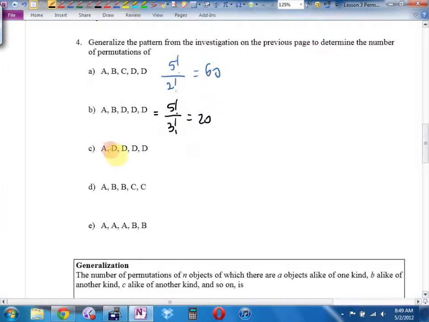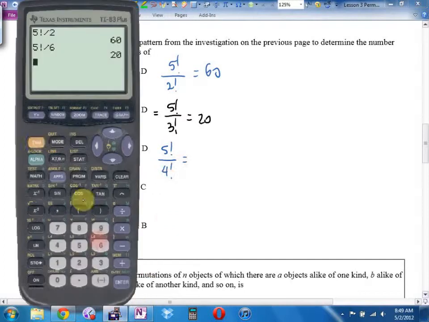What would this one be? Cassandra, what over what? Four factorial, 4 times 3 times 2. In fact, you know what? 5 factorial is 120. That's also one I have memorized because I'm lazy. 5.